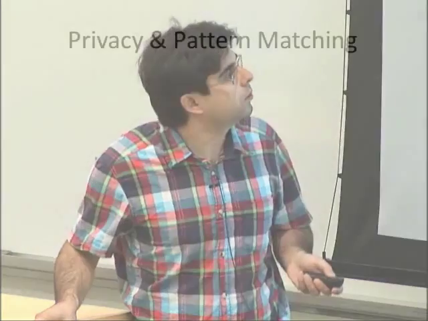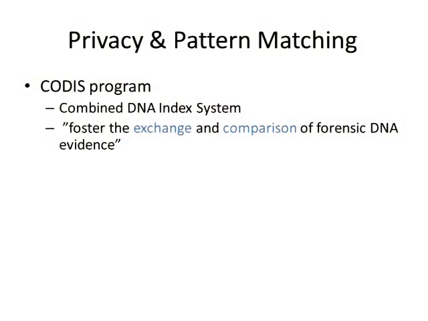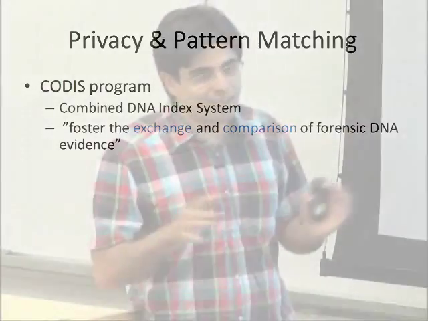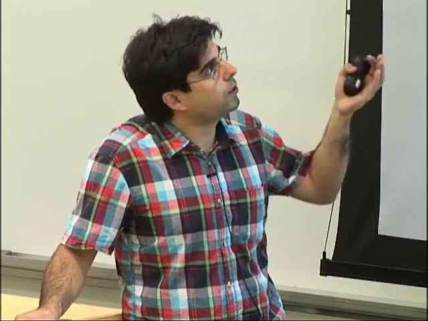Okay, so privacy and pattern matching. Just to motivate why it's interesting to look at this problem, I'm not going to spend a lot of time on it, but there are a few programs that people have looked at for secure pattern matching before. Mostly the motivation is that there are different programs collecting DNA data and making it accessible to different organizations and institutions to study.